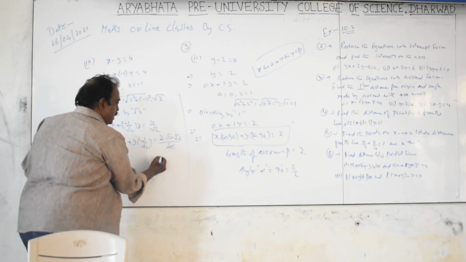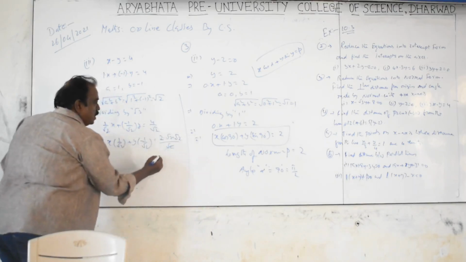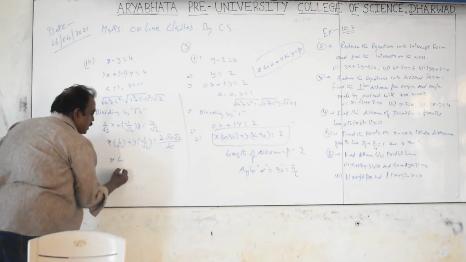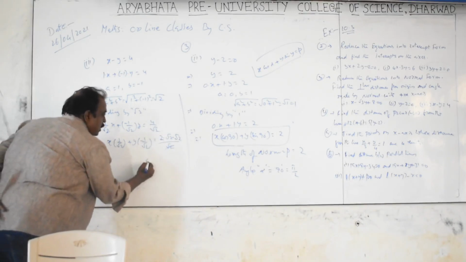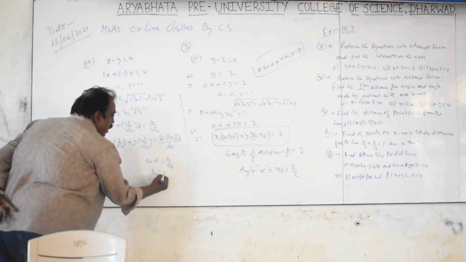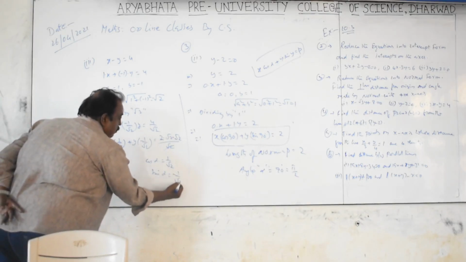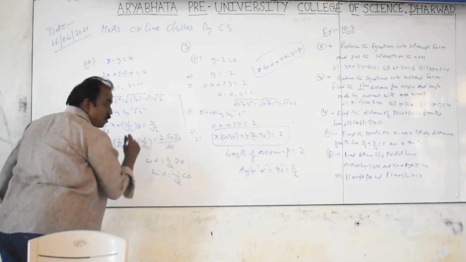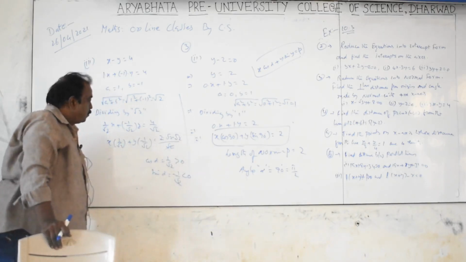1 root 2 cancels. So here we get x cos alpha, where cos alpha is equal to 1 by root 2. Again sin alpha is equal to minus 1 by root 2. This is positive, this is negative. Please observe it.